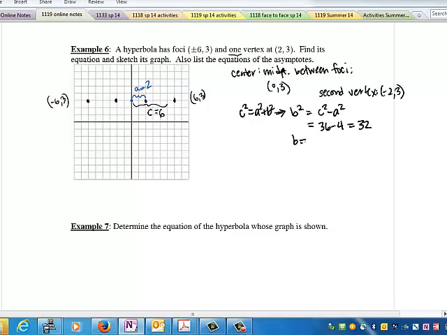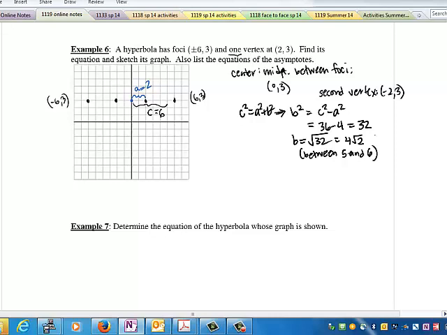So B is going to be the square root of 32, which is the same thing as 4 times the square root of 2. And we could say that's between 5 and 6, because square root of 25 would be 5, and square root of 36 would be 6. So for our rough sketch of the graph, that's good enough, and we can figure that value without a calculator.